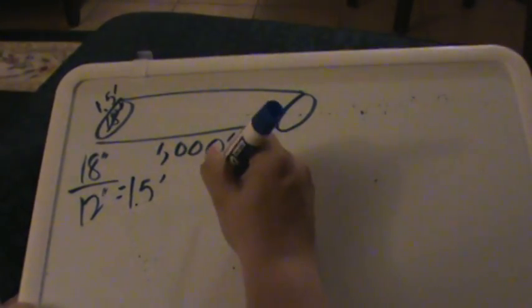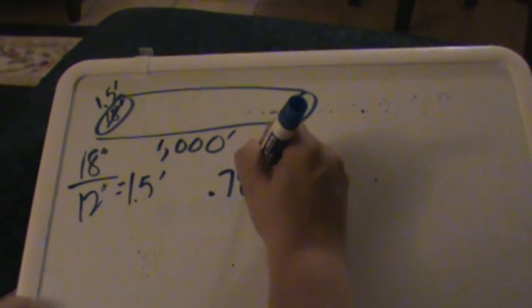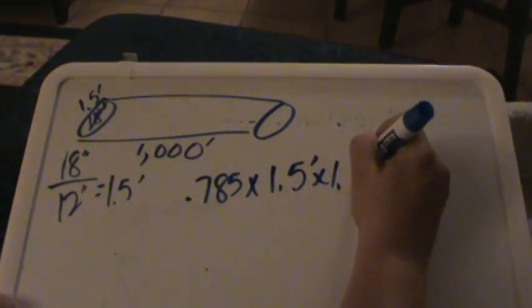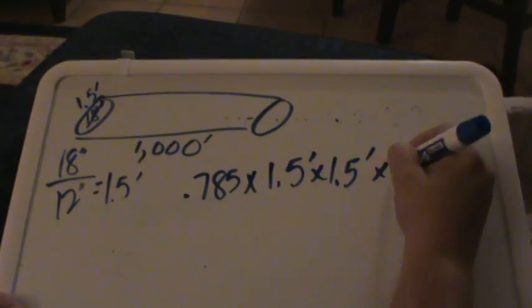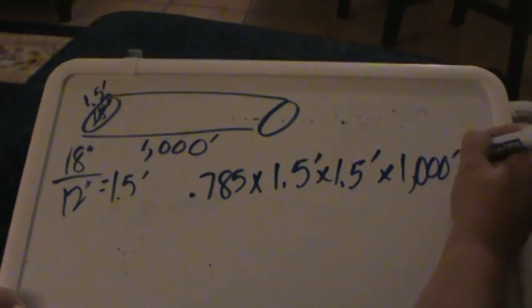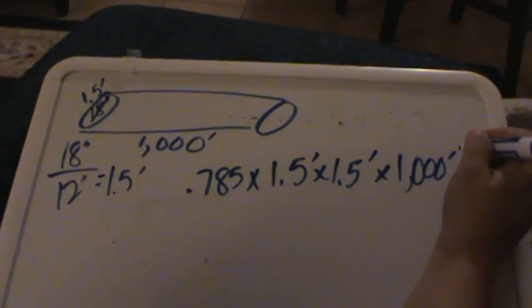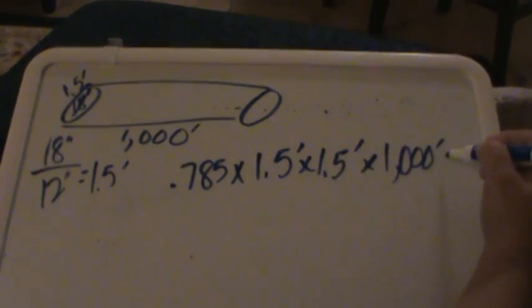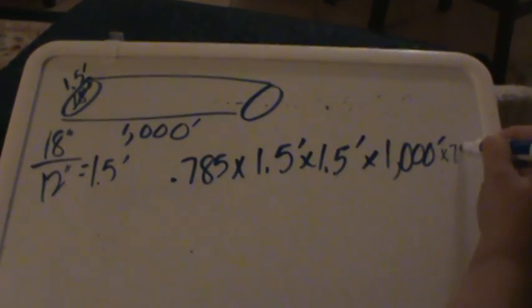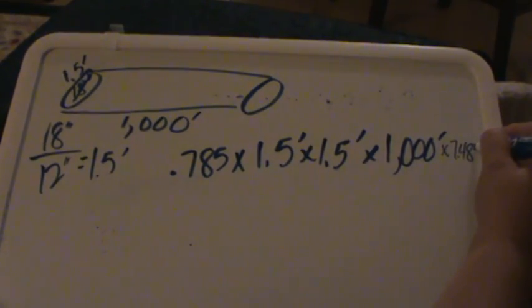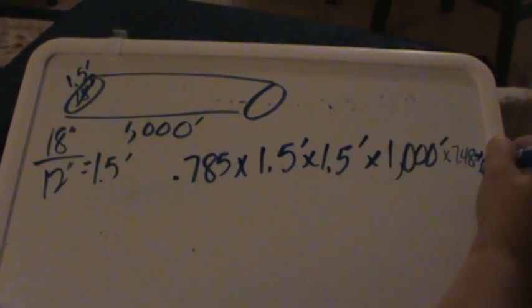Let's pop this into our formula, 0.785 times the diameter squared, so times 1.5 times 1.5 times the height, or the length in this case, times 1,000. And in this case we want to know how many gallons, so we're also going to multiply it by 7.48 gallons per cubic foot.